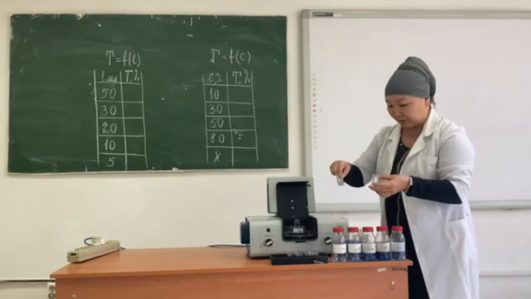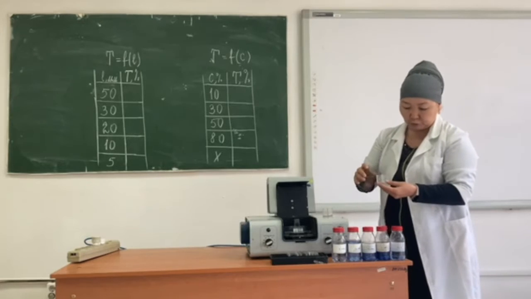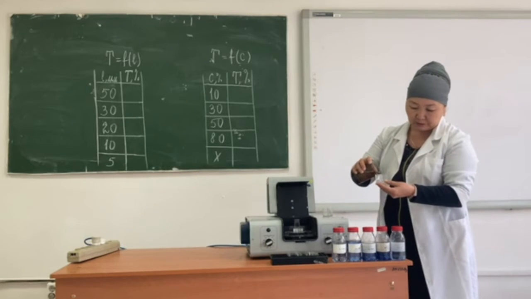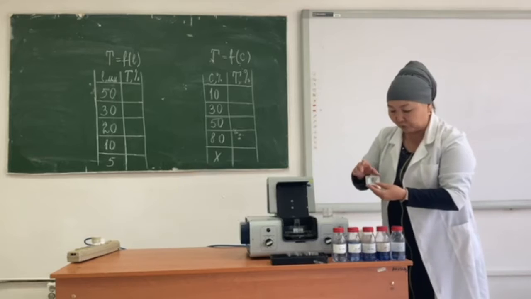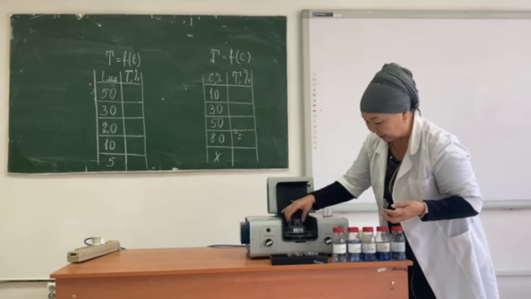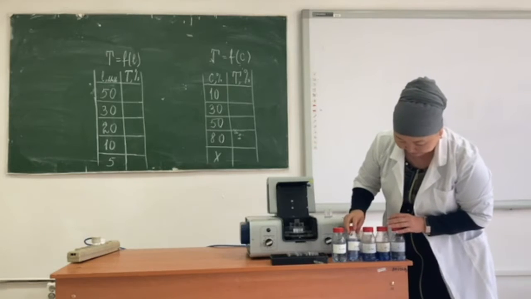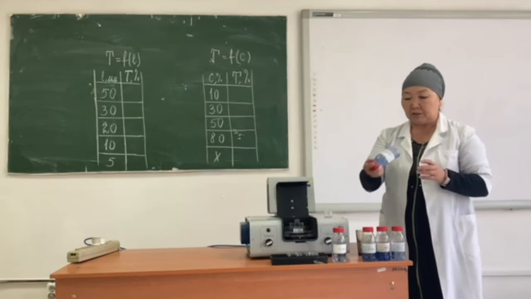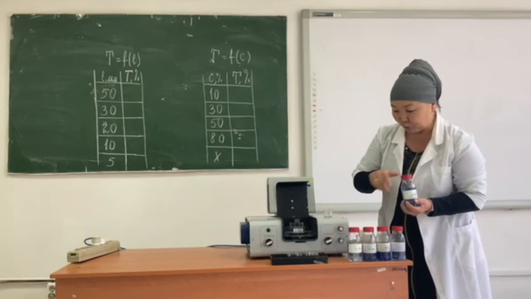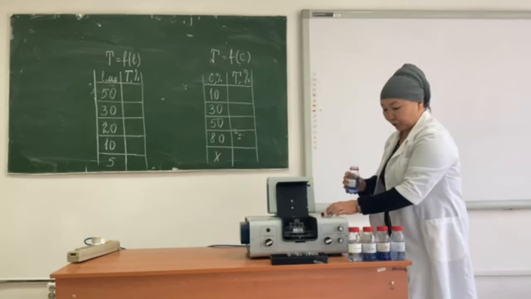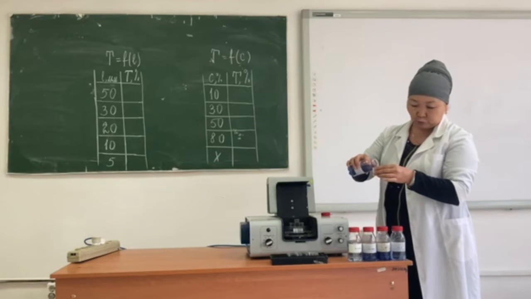For this, we take cuvettes of the same length. We will pour clean water into one and install the first cuvette on one side of the table. Into the second cuvette, we will pour a colored solution with 30% blue content. In this part, we will be working with constant concentration.